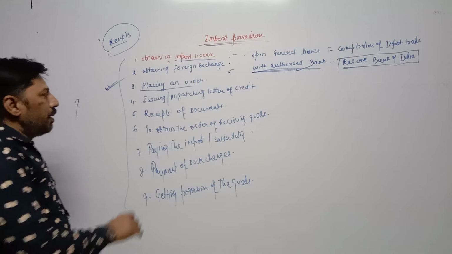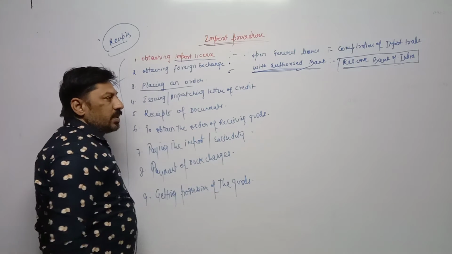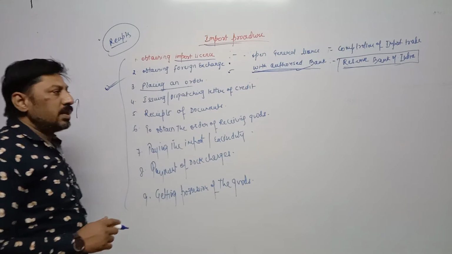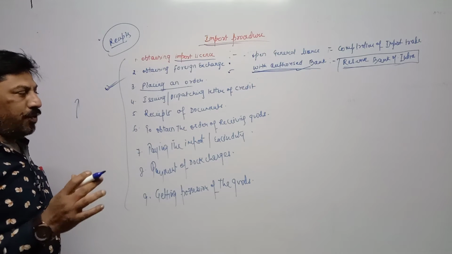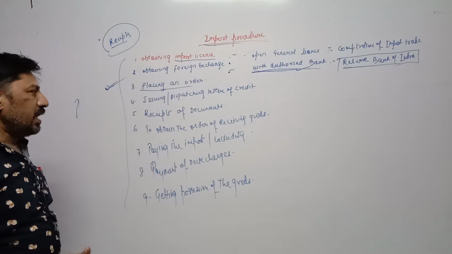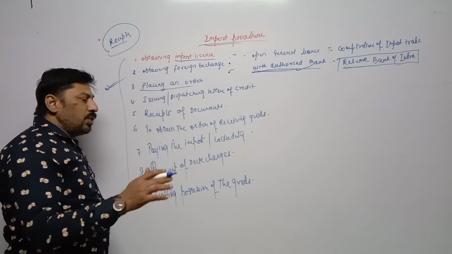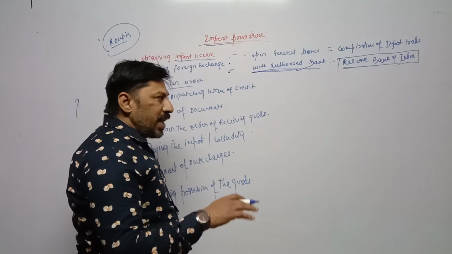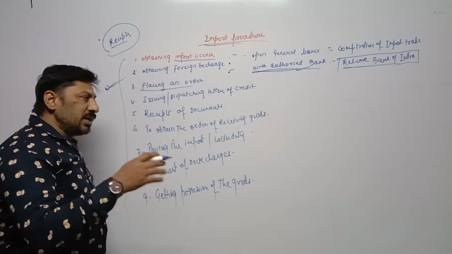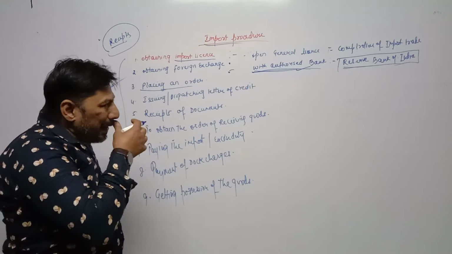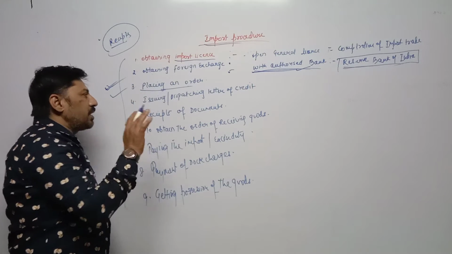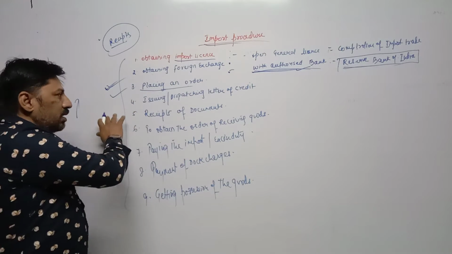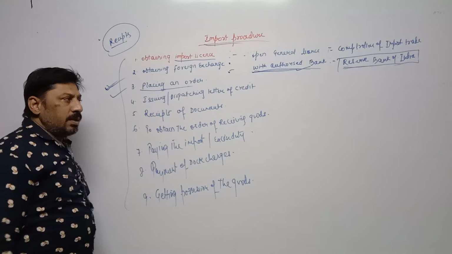In the same way, before placing an order, we evaluate the price and quality of different foreign manufacturers, and the manufacturer who is providing quality products at a reasonable price, giving us discounts also, means lots of relief, from that particular manufacturer the importer will place an order in written form.